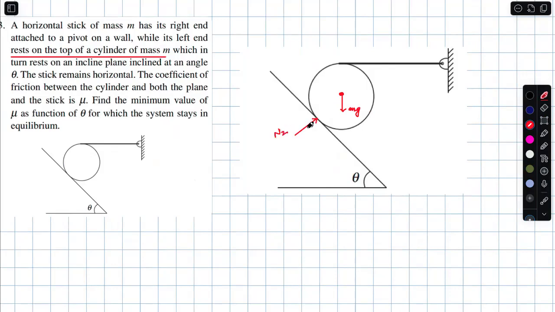We will call this N2 because there are two reactions here, N2 and N1. F2.